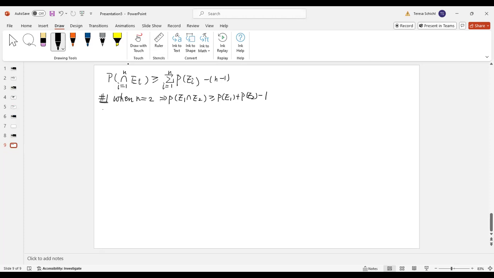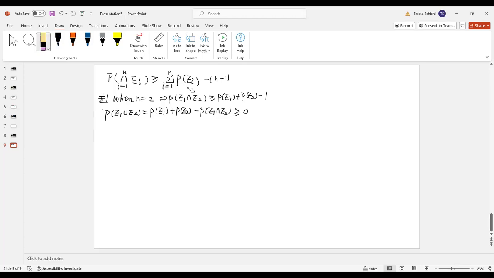The way I show it: the probability of E1 union E2, by the addition rule, is the probability of E1 plus the probability of E2 minus the probability of E1 intersect E2. Because this is a probability, the whole thing has to be greater than or equal to 0 and less than or equal to 1.